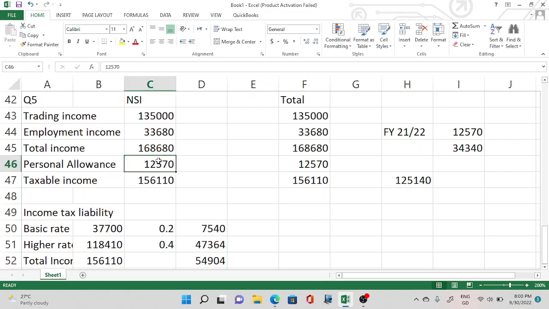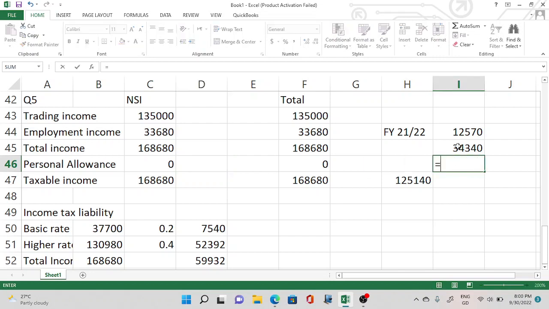So just by looking at this total income you can decide that it's zero, and besides putting a zero, write down your assumption why you have taken the zero. You can show this working as well, because if you subtract this, it will give you a negative figure, and we are not going to subtract any negative figure from the total income. Because personal allowance is given by HMRC to reduce your income tax liability, not to increase it.